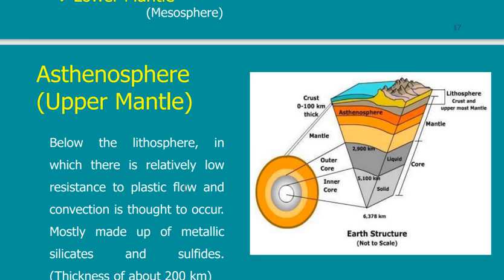So here, when we say plastic flow, it means that the layers within this upper mantle can flow. It can move. Any layer can move from one place to the other. Can rock move? Yes. We may see some photos.